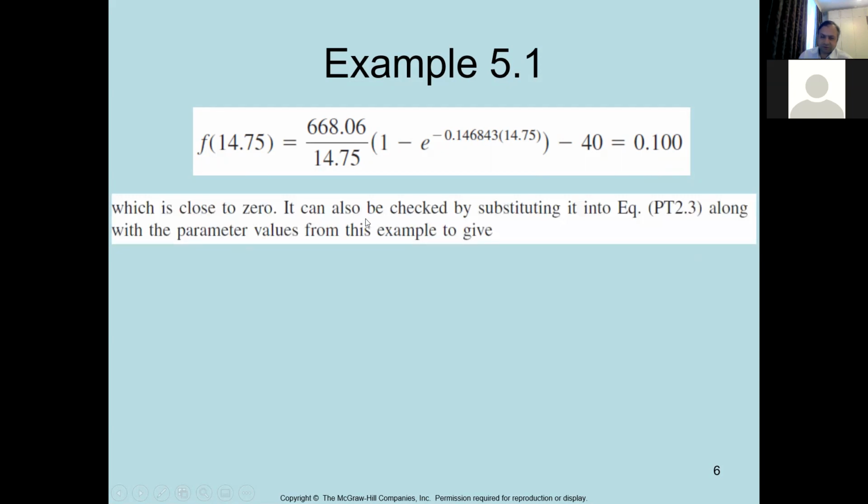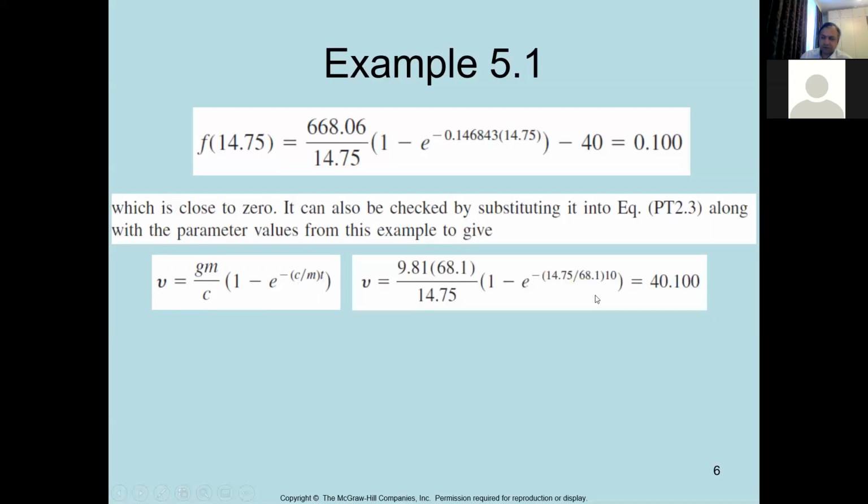It can also be checked by substituting it into the other equation along with the parameter values from this example to give velocity. So for example, if we want to calculate the velocity, the formula for the velocity will be v is equal to gm over c into 1 minus e power minus c over m t. And the velocity should be equal to 40 meter per second as we have used before.